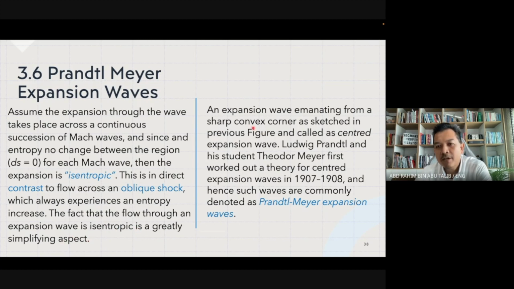An expansion wave emanating from a sharp convex corner, as sketched in the previous figure, is called a centered expansion wave. And Ludwig Prandtl and his student Theodor Meyer first worked out a theory for the centered expansion wave way back in 1907 and 1908, more than 100 years ago, and hence such waves are commonly denoted as Prandtl-Meyer expansion.